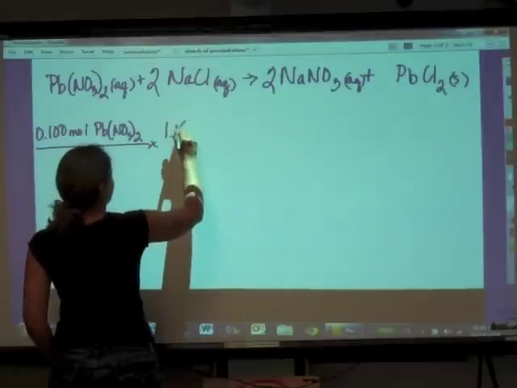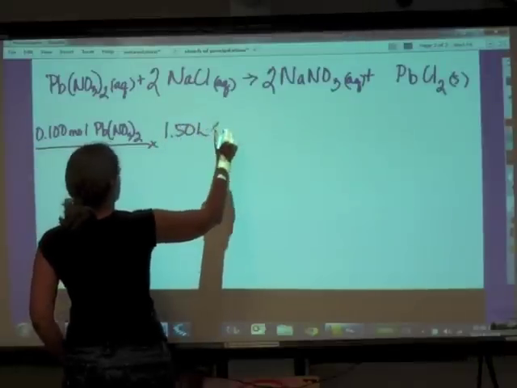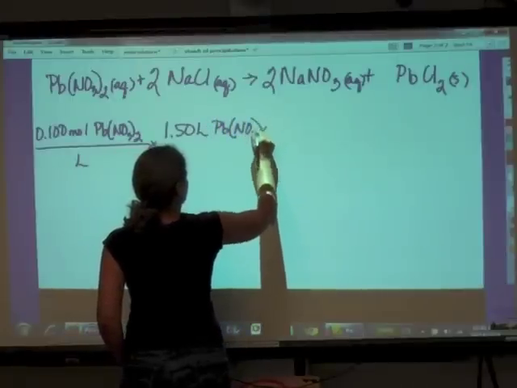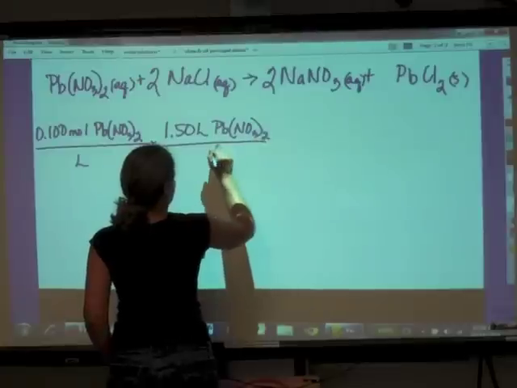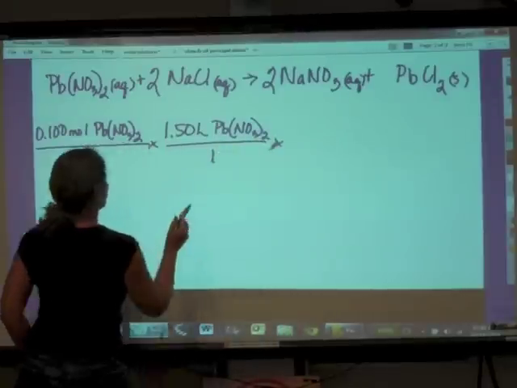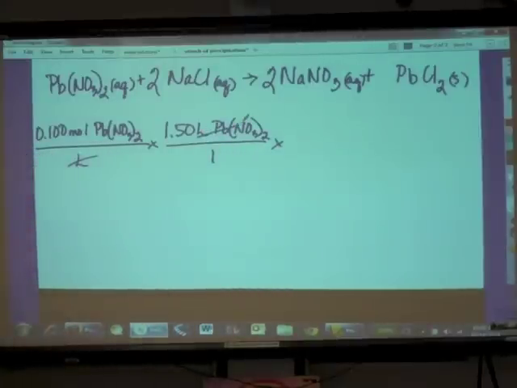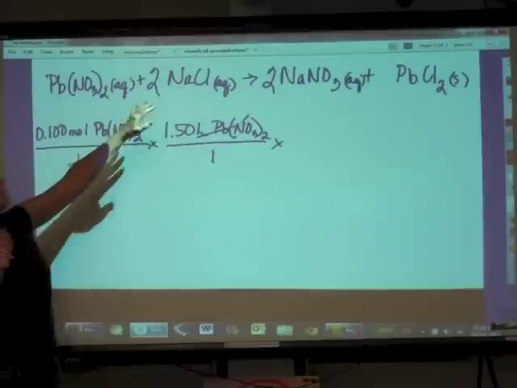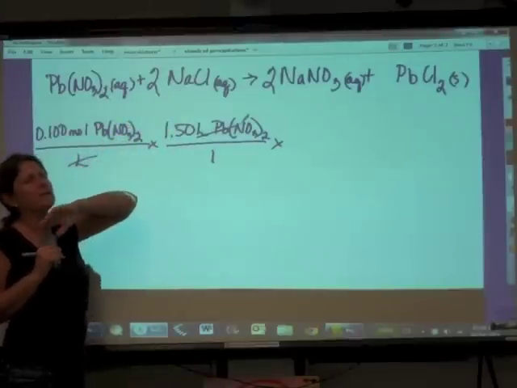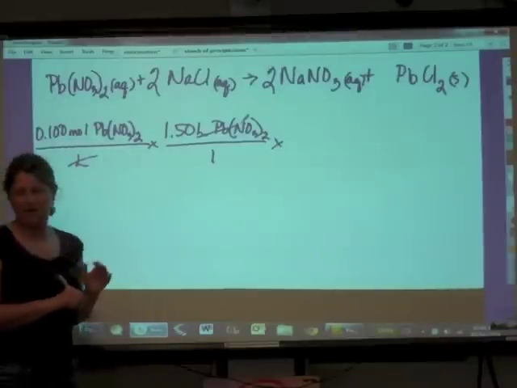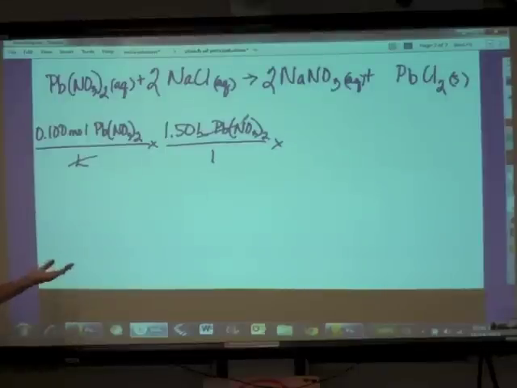So 1.50 liters of Pb(NO3)2. Okay, so our liters of lead-2 nitrate are going to cancel, leaving us moles. All right, now the question is asking us for the mass in grams of sodium chloride that's needed to precipitate out all of the lead-2 ions.